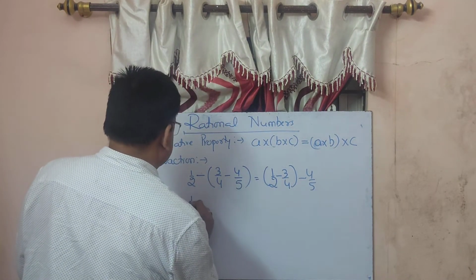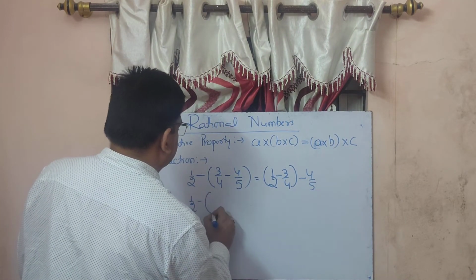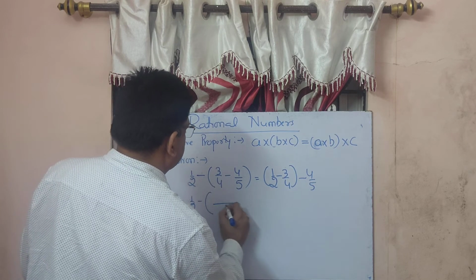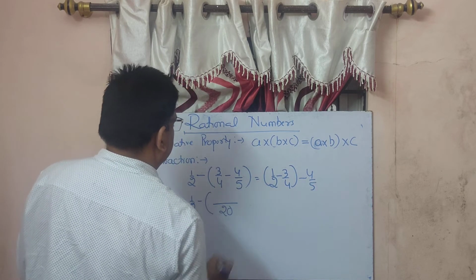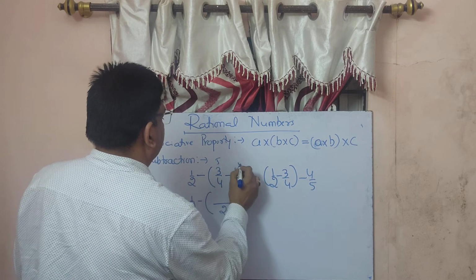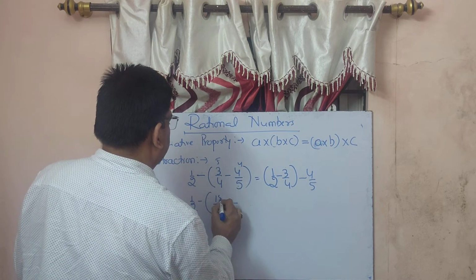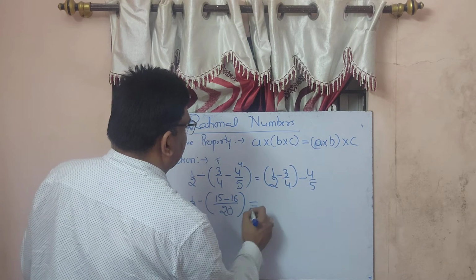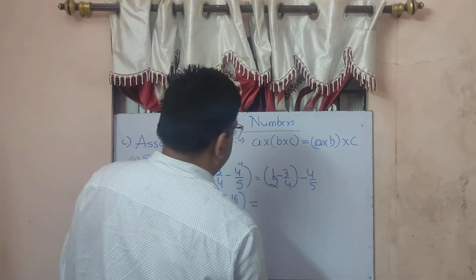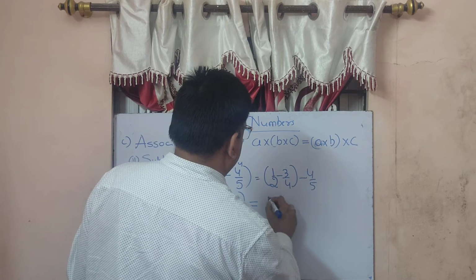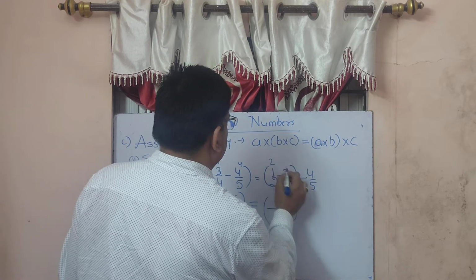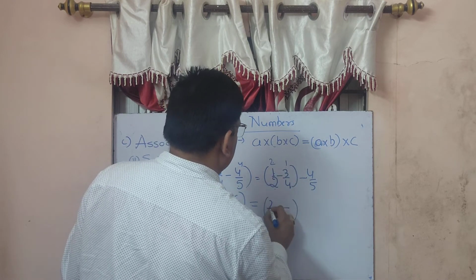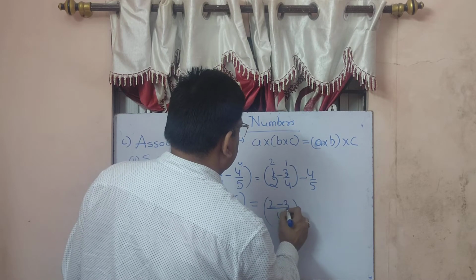Now 1 upon 2 as it is minus. So what is the LCM here? LCM is 20 here. 4 5s are 20. Here 5, here 4. 5 3s are 15, minus 4 4s are 16. Now what is the LCM here? 2 and 4. LCM is 4 here. 2 2s are 4, 1 2s are 2, 3 1s are 3.